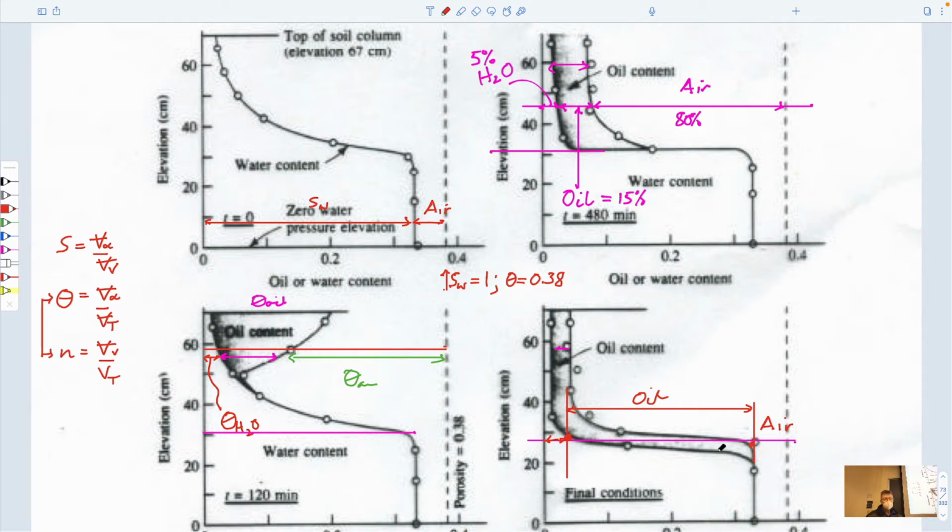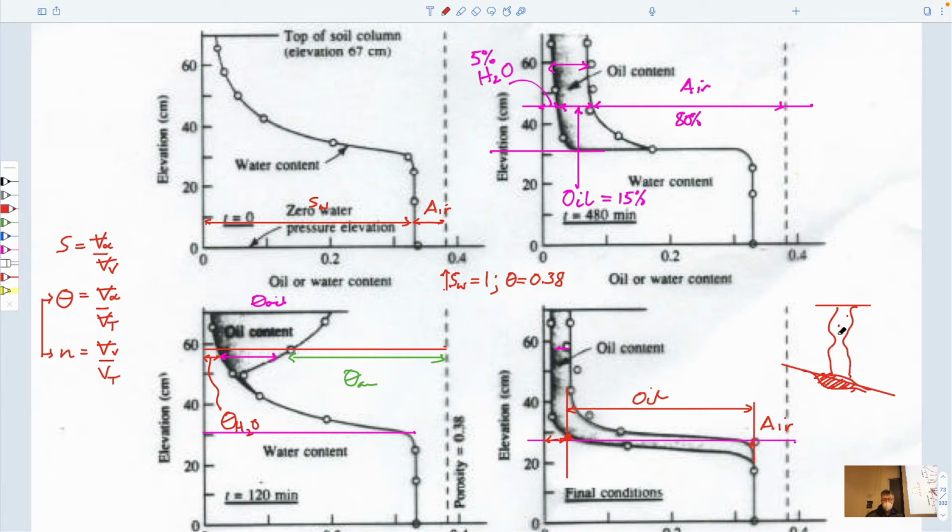And so if you think about what that would look like if you drew a cartoon of it in the subsurface, I suppose it would look something like this, right?